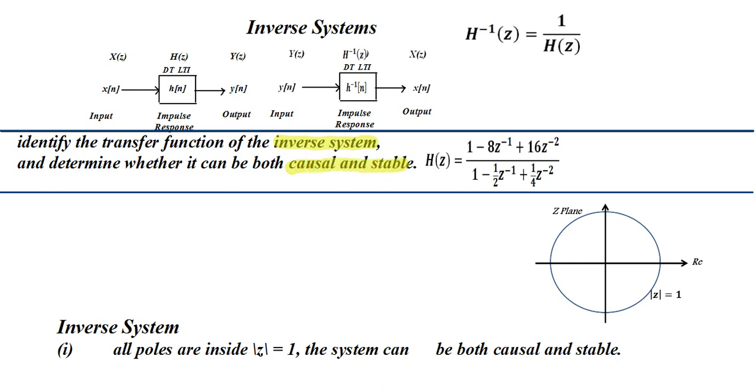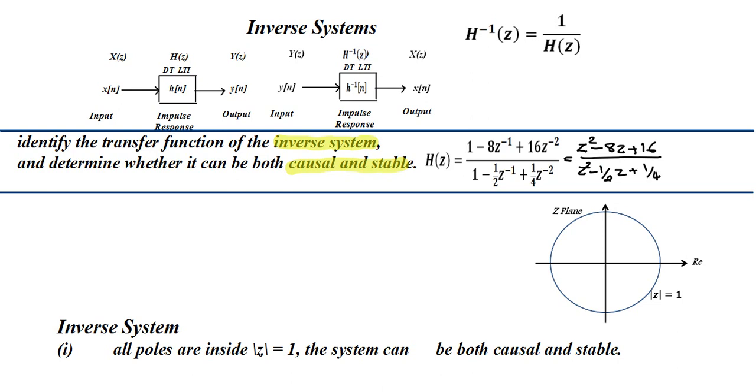Here again H(z) is given, so first we need to find the transfer function. We can make it positive: multiplying with z², the numerator becomes z² − 8z + 16 and the denominator becomes z² − (1/2)z + 1/4.